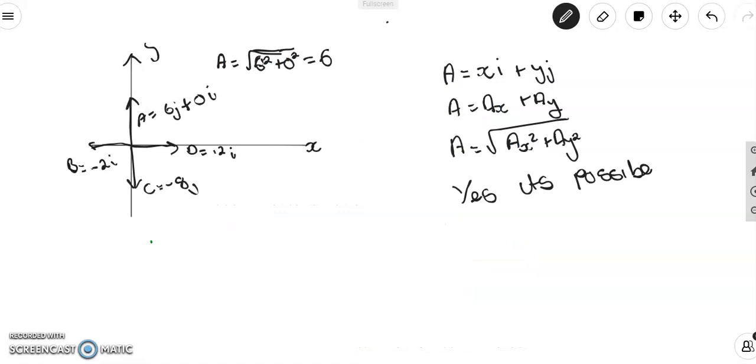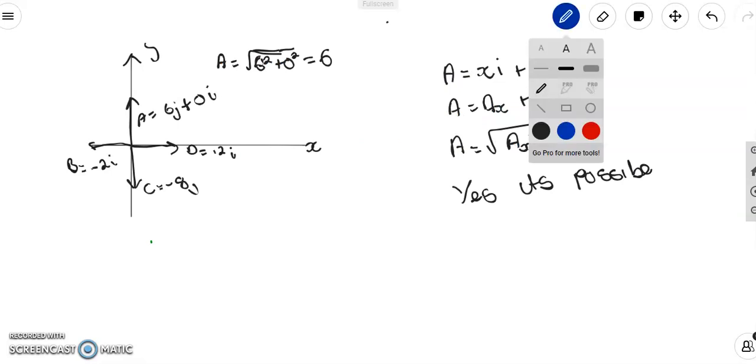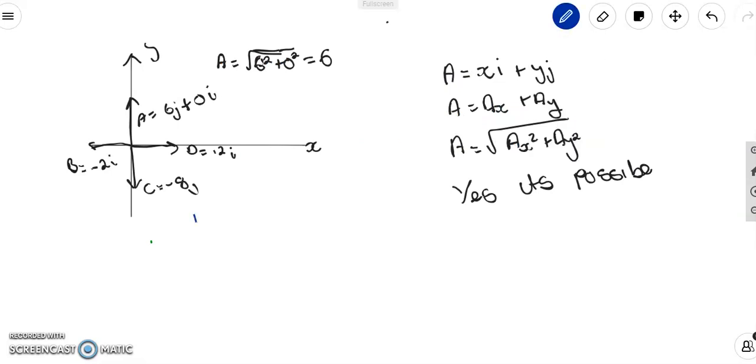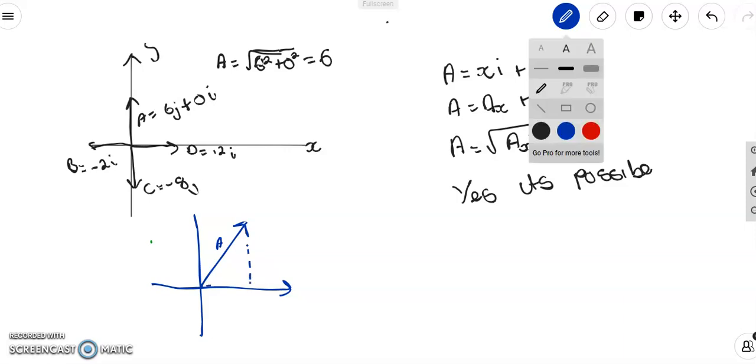Okay, let me illustrate this by drawing. So this is my x. This is my y. And we've got a random vector. Right, this is my vector. Let's call it A. Let me do it in red so that you can see.